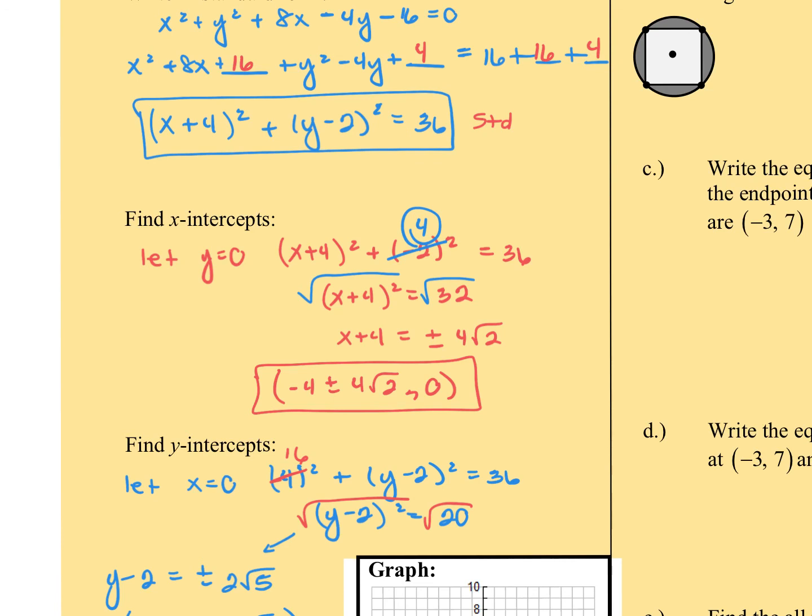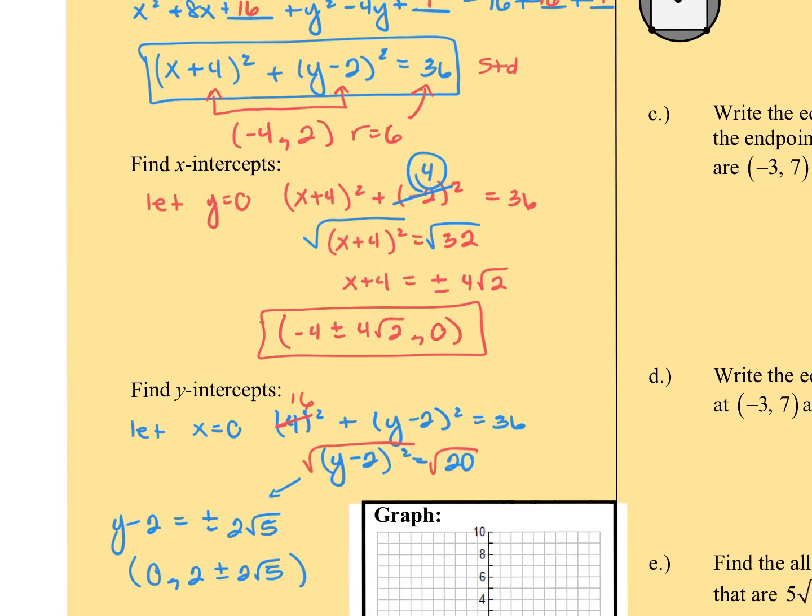What I want you to recognize is that your center is right from here, and our standard form was an x minus the h value, which means our x coordinate for our center is a negative 4, and it was a y minus a 2, so the y coordinate for the center is going to be a positive 2. And then, of course, the radius here was squared, so our actual radius is going to be 6.